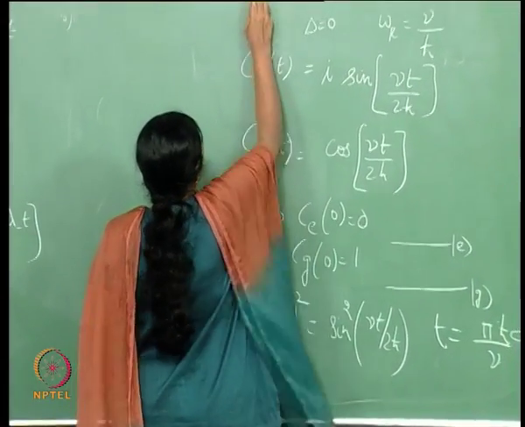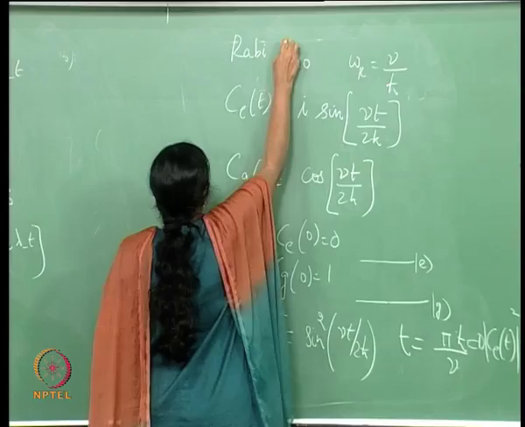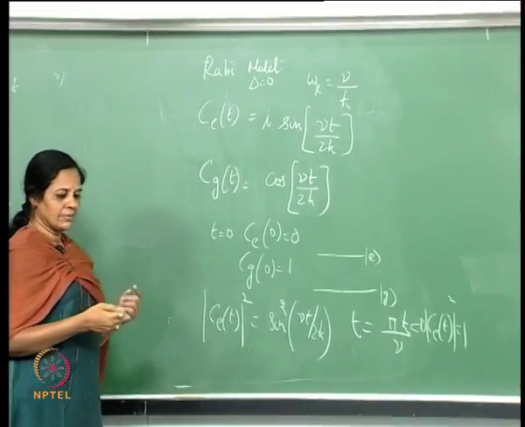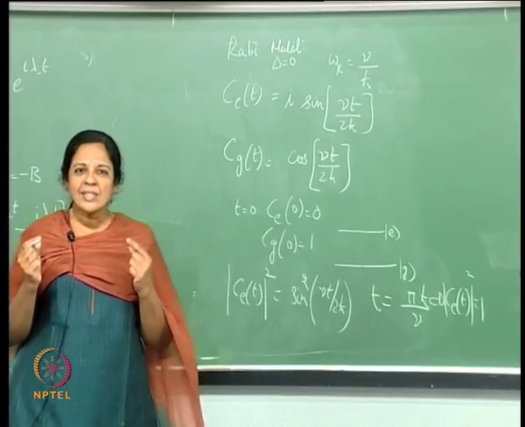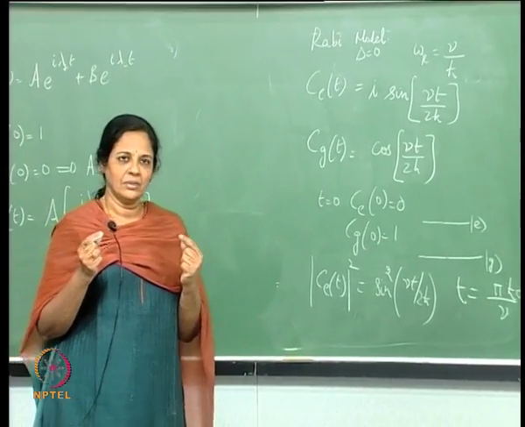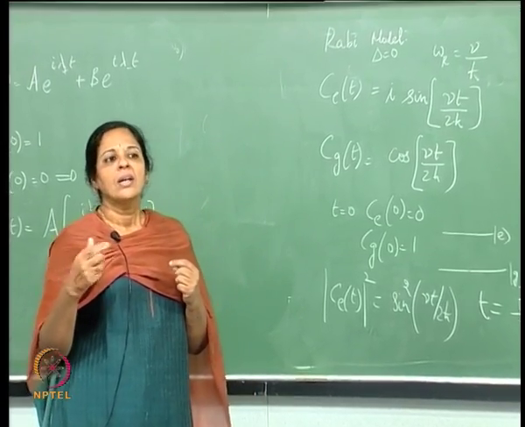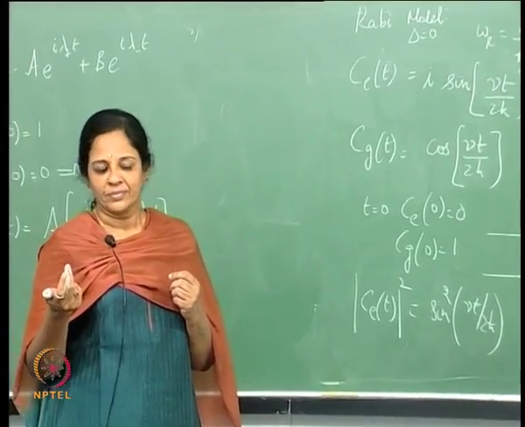This is called the Rabi model, and it deals with a single mode radiation field in free space interacting with essentially a 2-level atom.